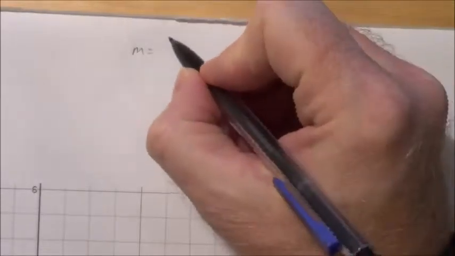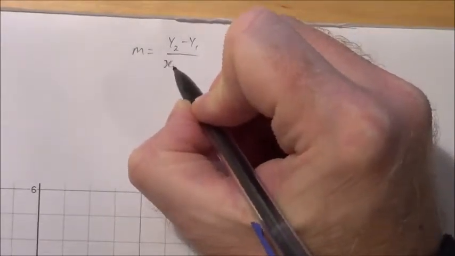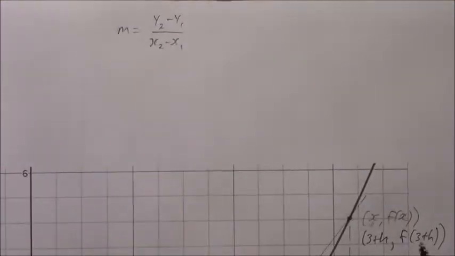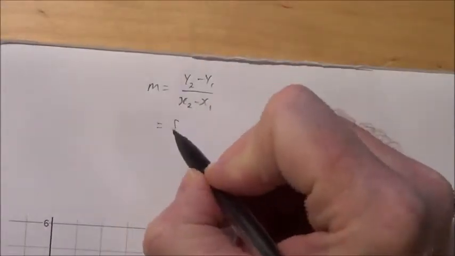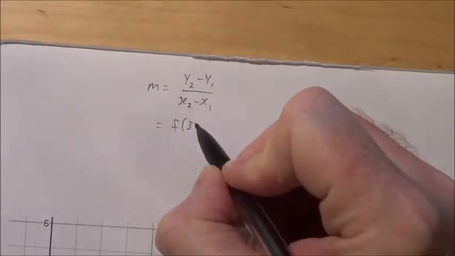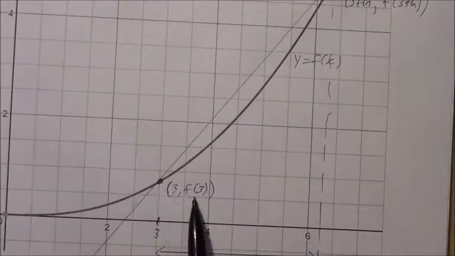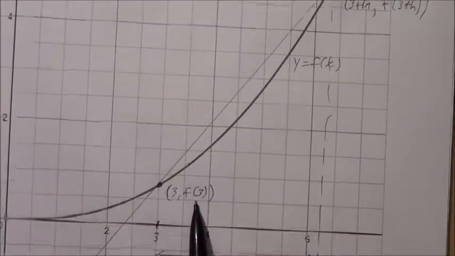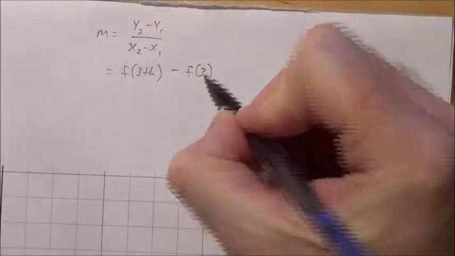The gradient can be calculated as m equals, from what we've seen in the past, y2 minus y1 over x2 minus x1. I'll put in f of 3 plus h as my y2, and then I've got f of 3 down here as my y1, so I'm going to subtract f of 3.